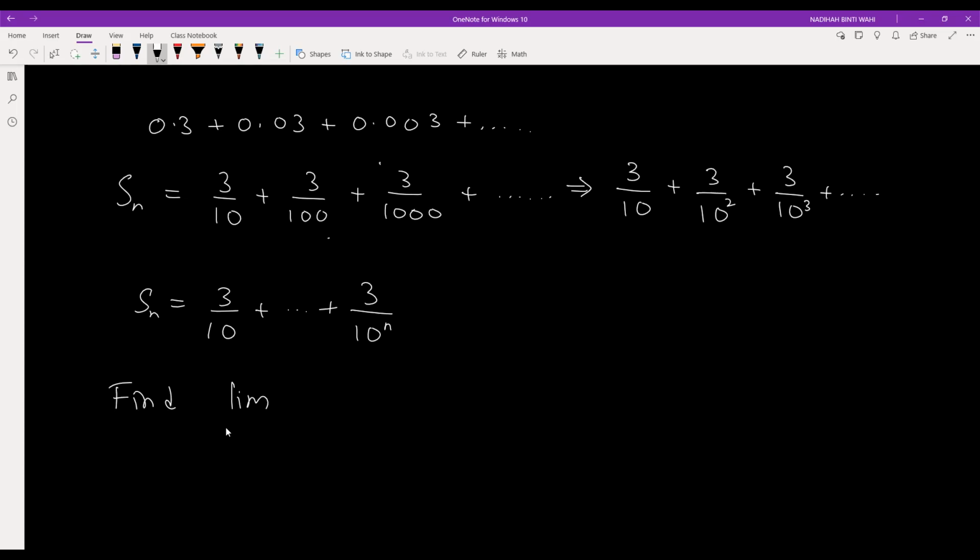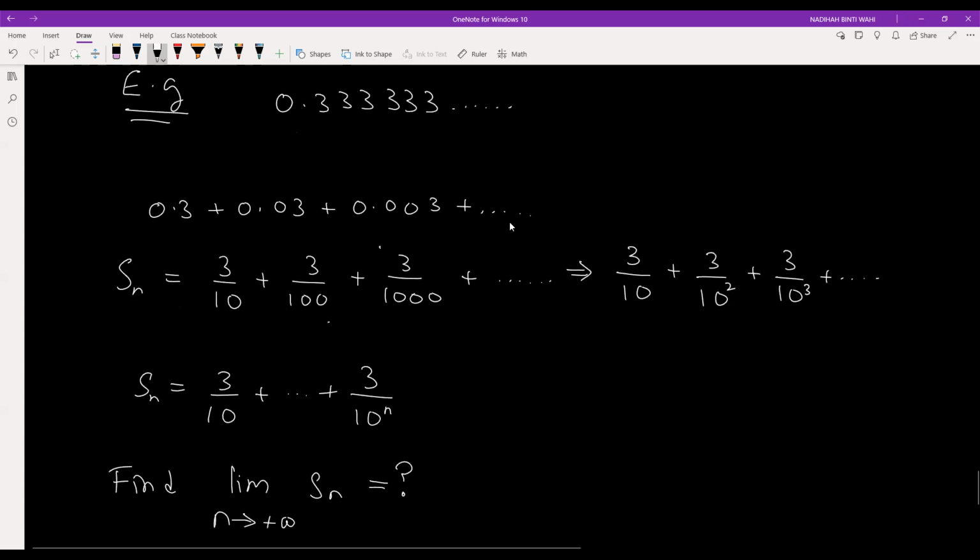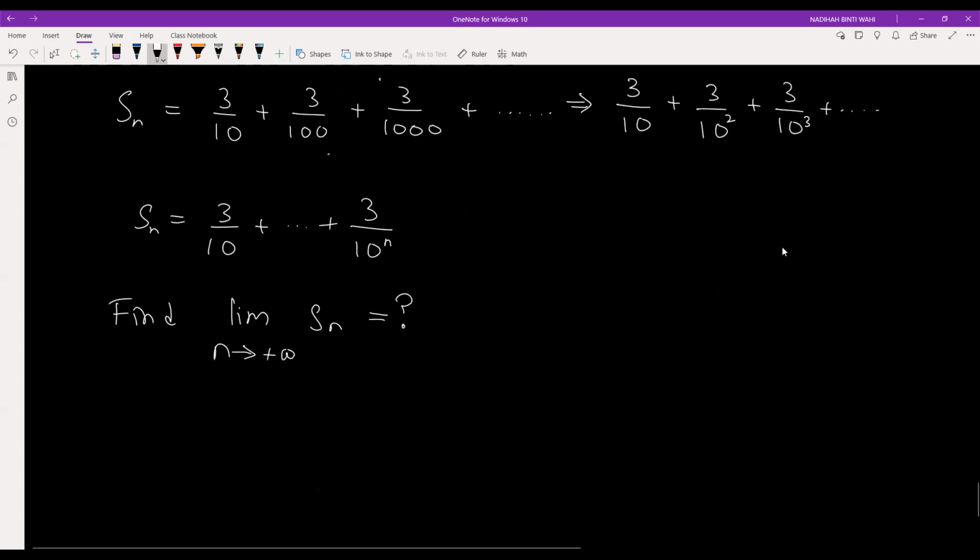What happens to the limit when n goes to positive infinity for Sn? If you remember, what's the summation of that in terms of fraction?